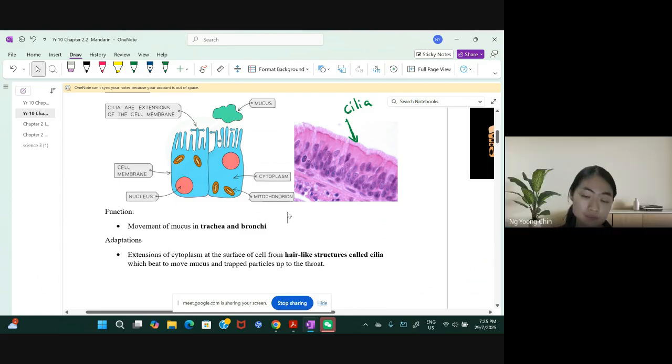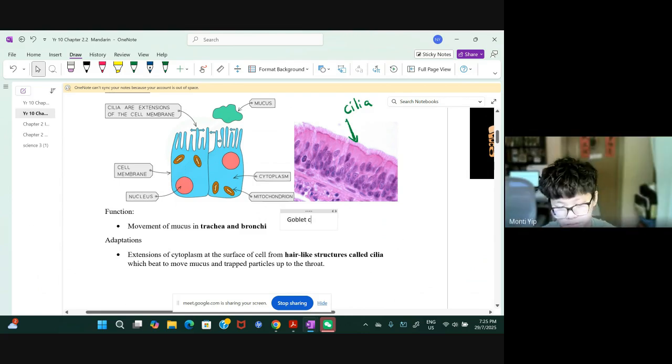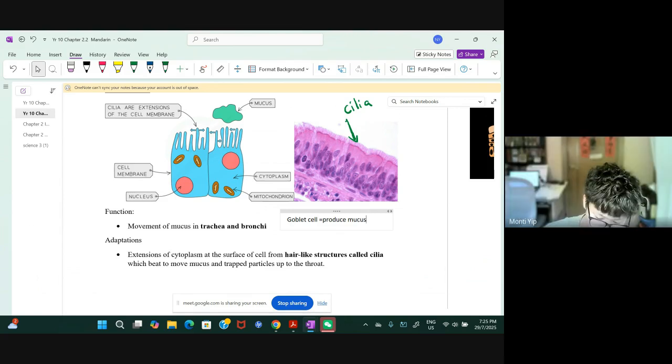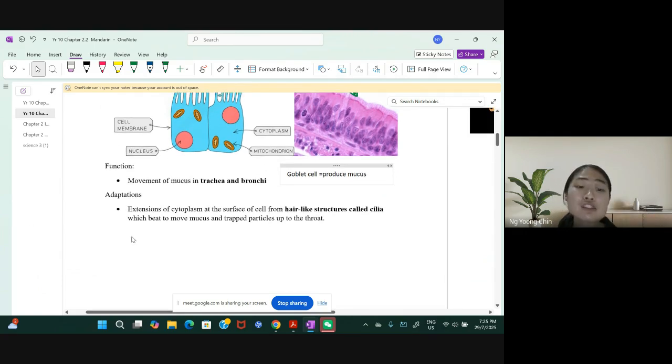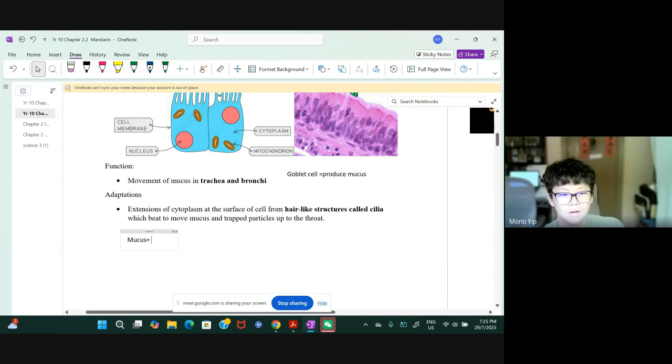Goblet cells produce mucus. Whenever you sneeze, you produce a yellowish, greenish, sticky discharge. That's mucus. If the exam asks for the function of mucus, it is to trap, because it's very sticky.